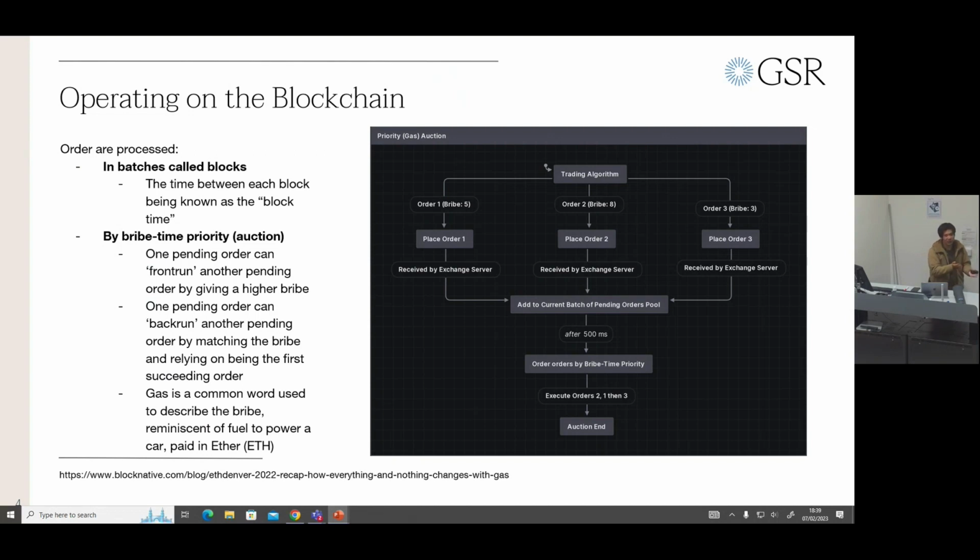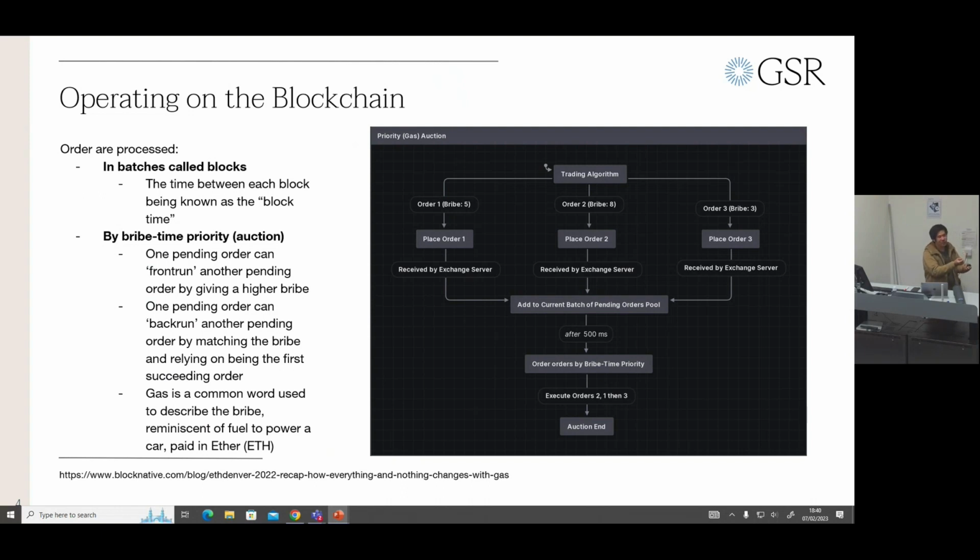Now, what can happen is, with this 12-second window, you can place your order in at, let's say, a bribe of 0.1 ETH. Because this group of pending transactions is public, someone can look at your order trying to buy, let's say, the Uniswap token for a specific amount, with a bribe of 0.1 ETH attached in order to have your order processed as soon as possible.